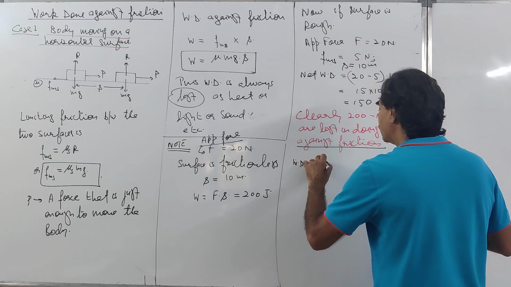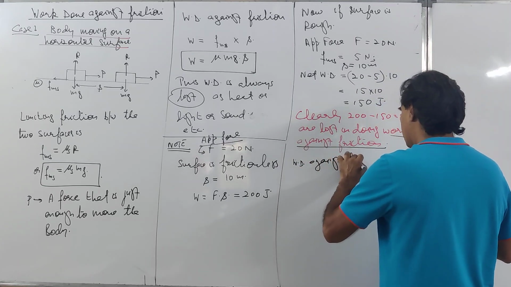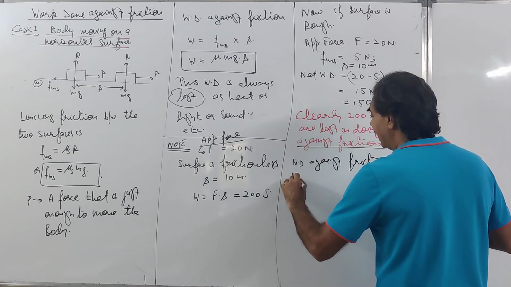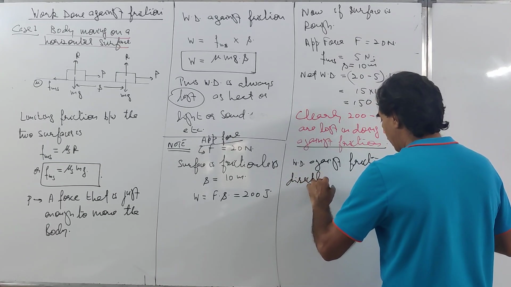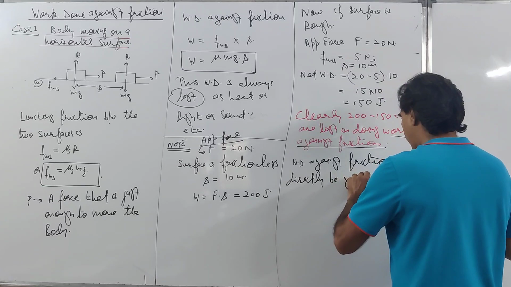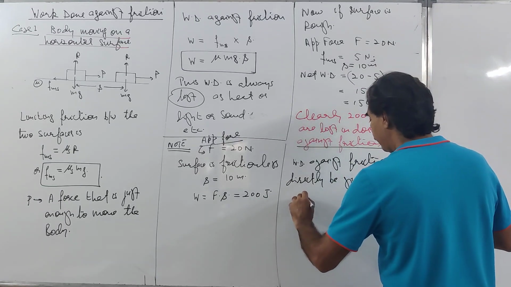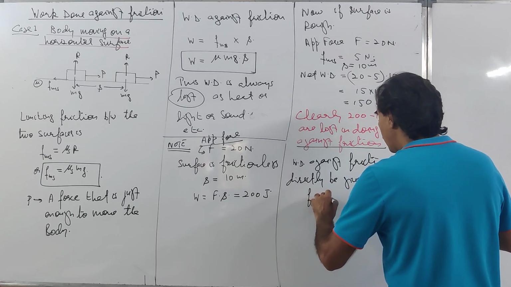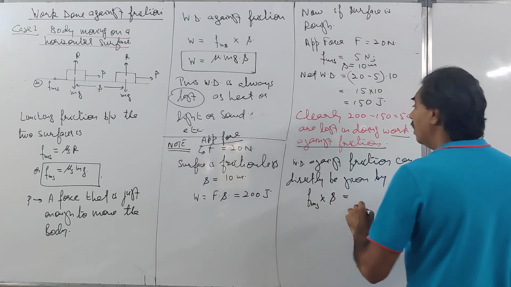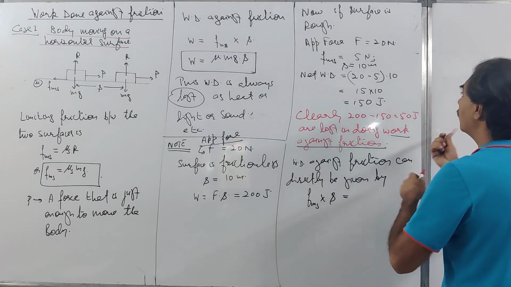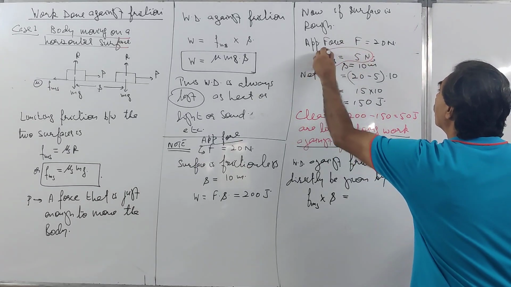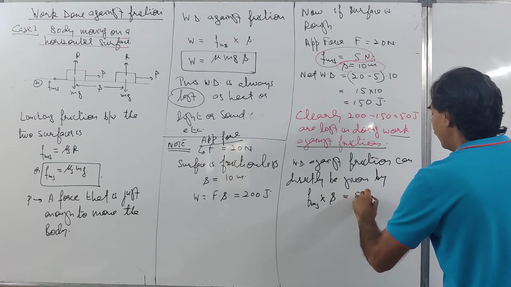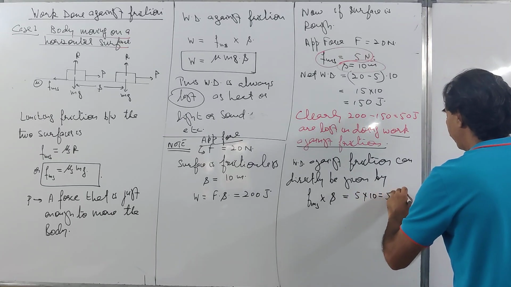Work done against friction can directly be given by frictional force into distance. फ्रिक्शनल फोर्स कितनी थी? फ्रिक्शनल फोर्स थी 5 न्यूटन। डिस्टेंस कितना था? 10 meters. 5 into 10 is equal to 50 joules.